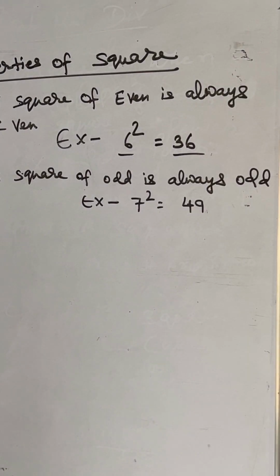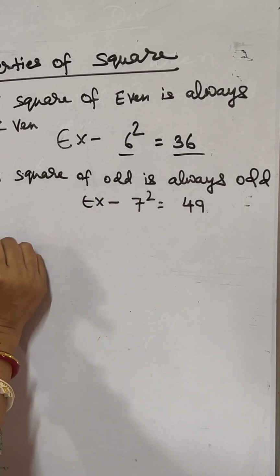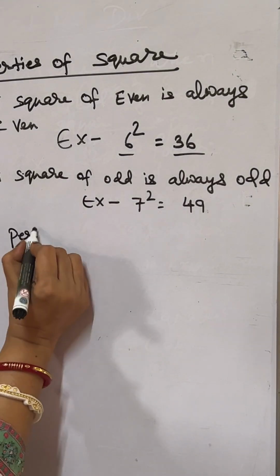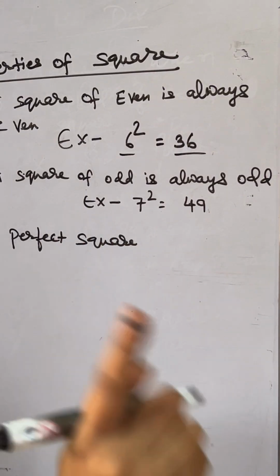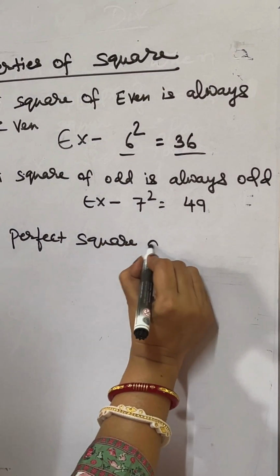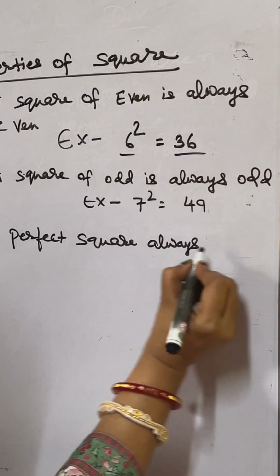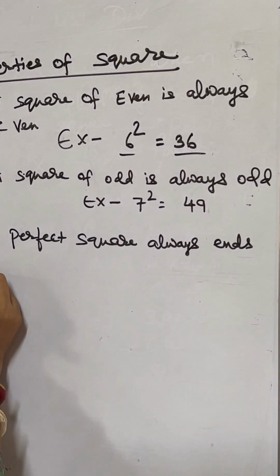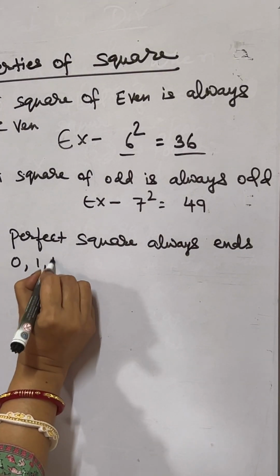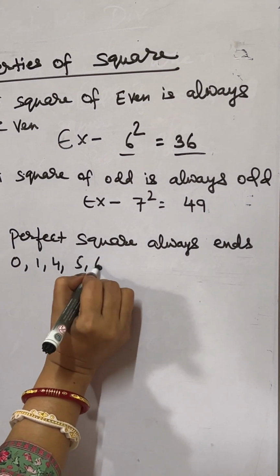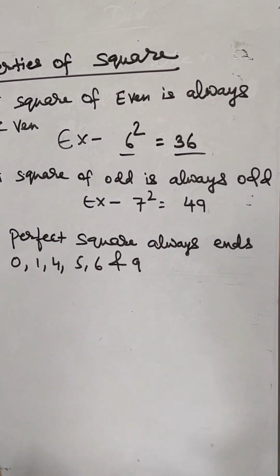Now the next property is a perfect square always ends with 0, 1, 4, 5, 6 or 9.